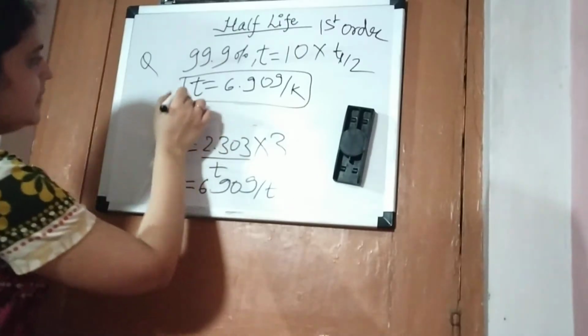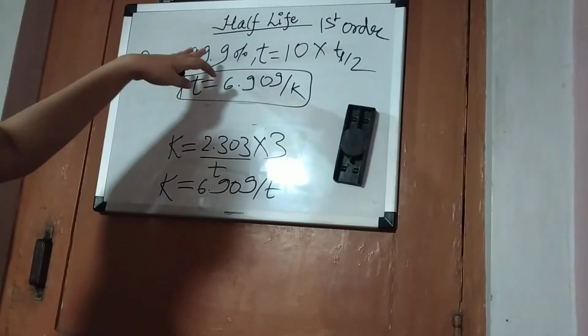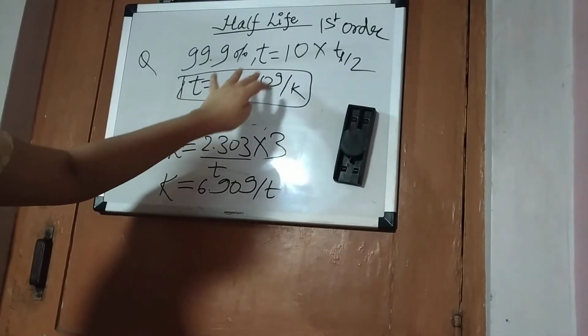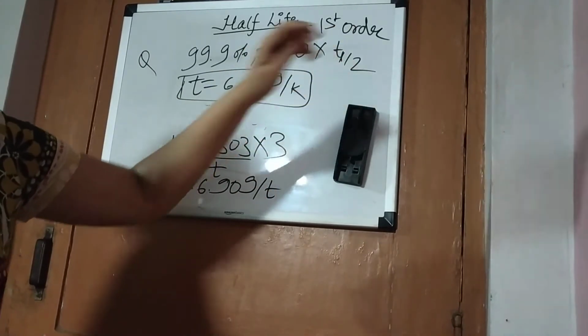So this is the time required for completion of 99.9% reaction. Now you have to show that this time is equals to 10 times of half-life.